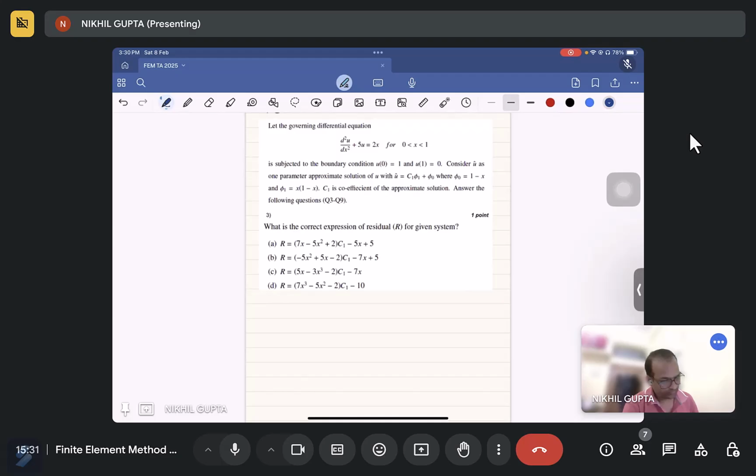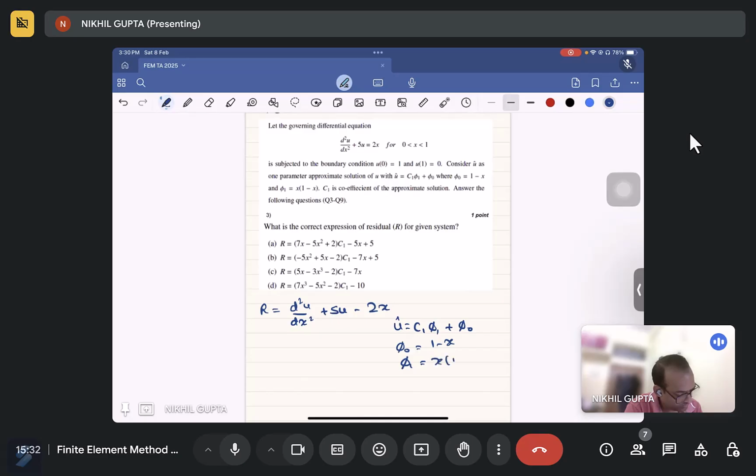Now you all know how to solve for the residual of any differential equation. In this question, the residual will be d2u by dx square plus 5u minus 2x. First we have to put in the values which are given: u is C1 phi 1 plus phi naught, where phi naught is 1 minus x and phi 1 is x(1 minus x).